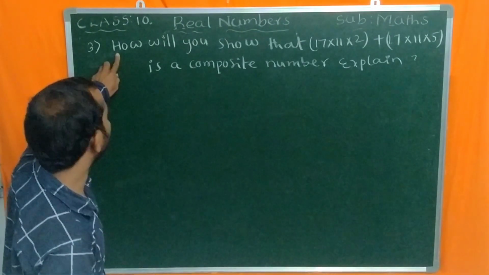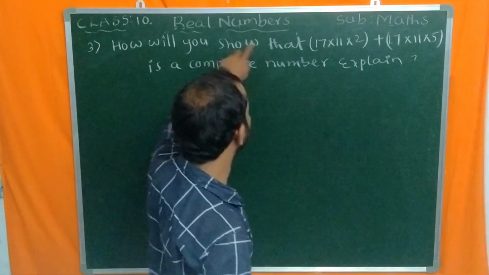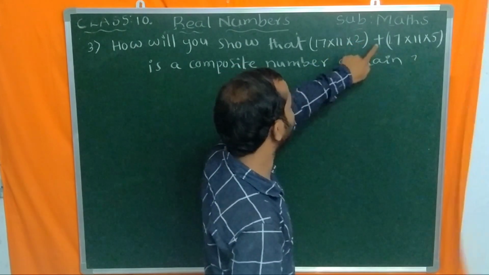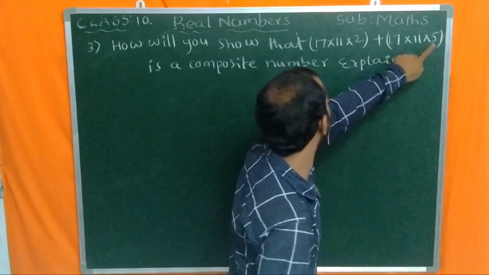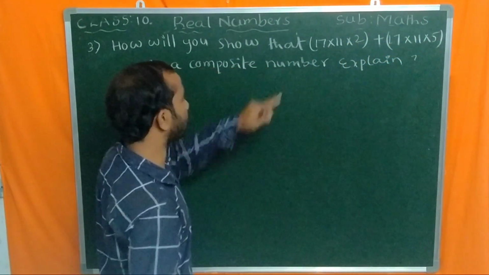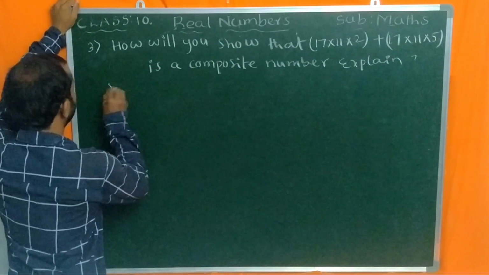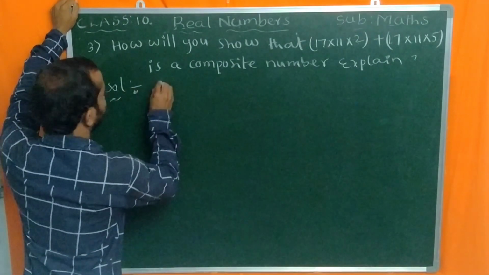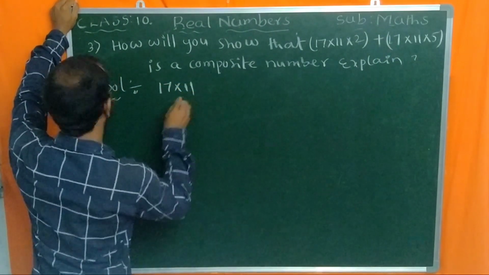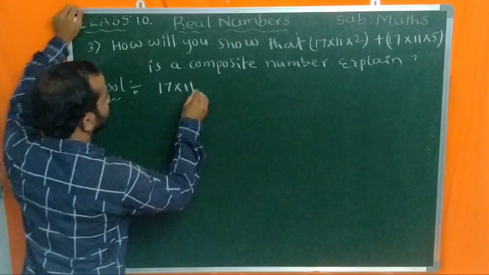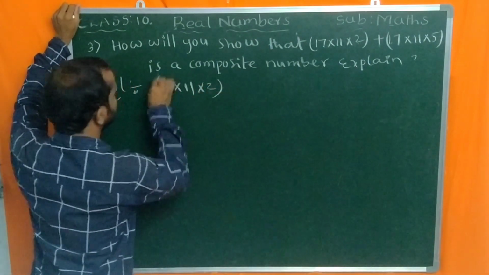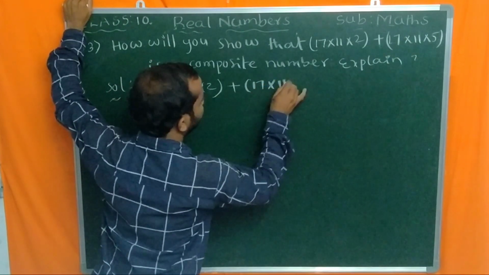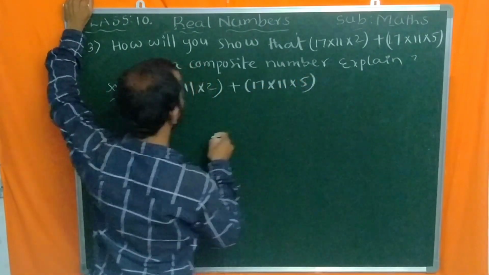Next problem. How will you show that 17 into 11 into 2 plus 17 into 11 into 5 is a composite number? First, 17 into 11 into 2 plus 17 into 11 into 5.